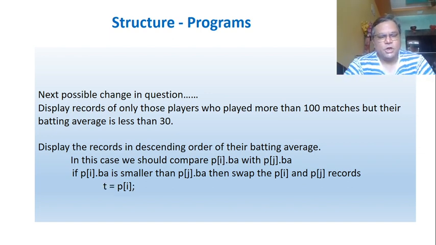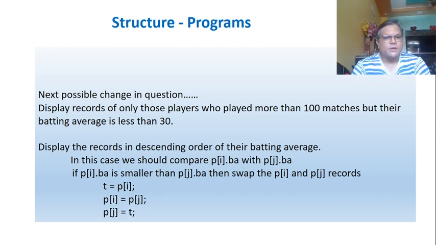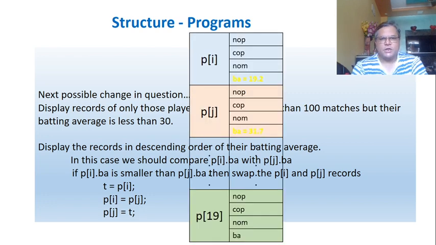That means we need to use this block of code. t is equal to pi, that means copy the record of ith player into temporary variable t, then pi is equal to pj, copy record of jth player into the ith place, and then copy temporary variable into the jth place.